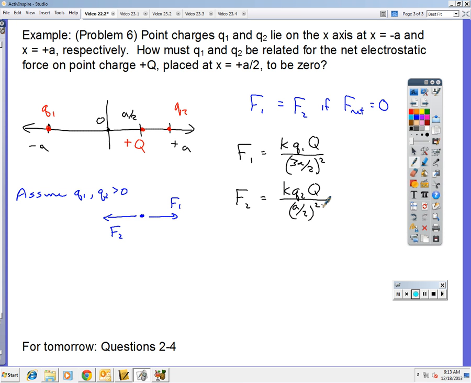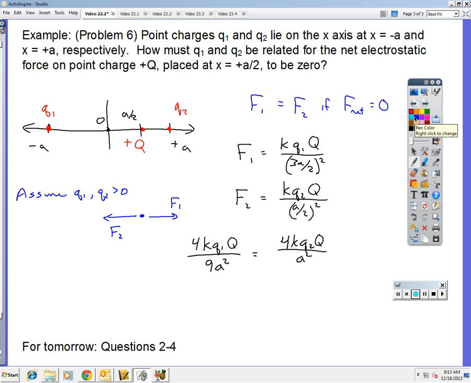And so we set these two equal, and I'll simplify the fractions a bit: 4 k q1 big Q over 9 a squared equals 4 k q2 big Q divided by a squared.